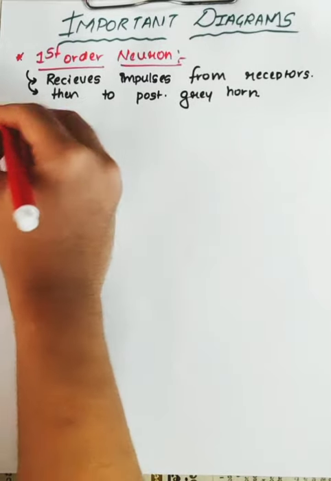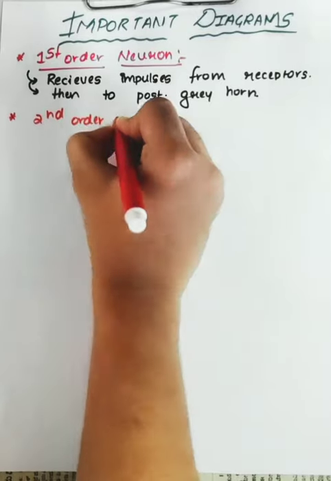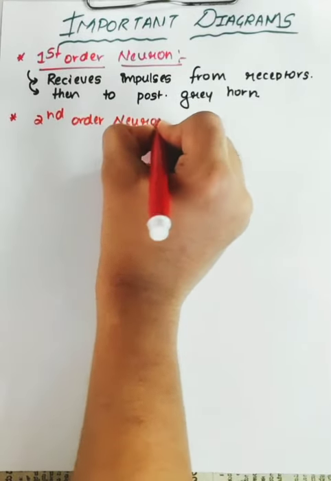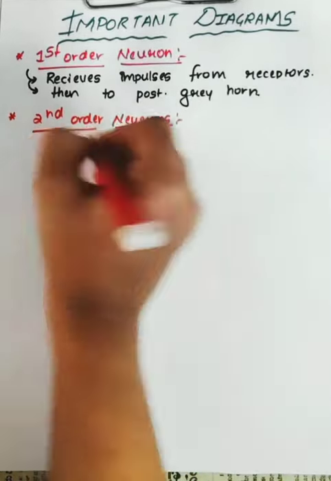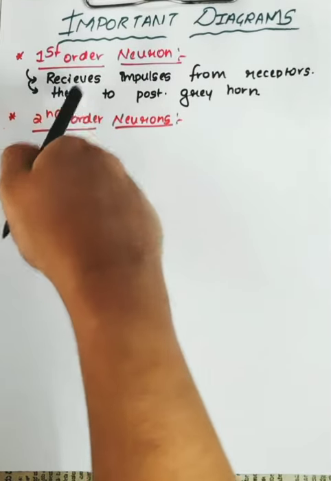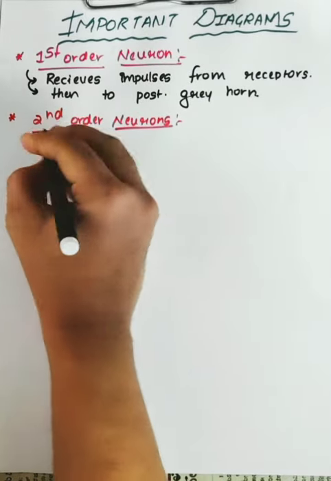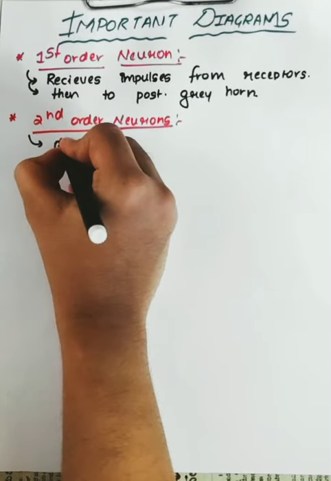So what are the second order neurons? The second order neurons are present in the posterior gray horn. The first order neurons end in the posterior gray horn, and the second order neuron starts from there.